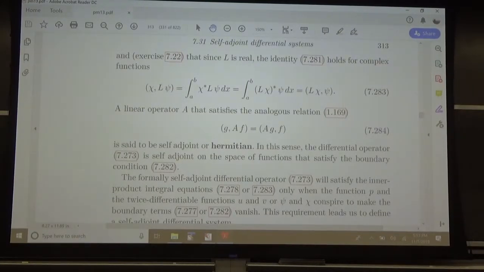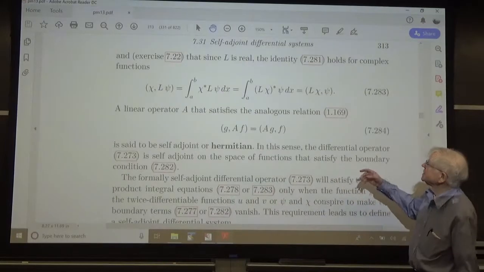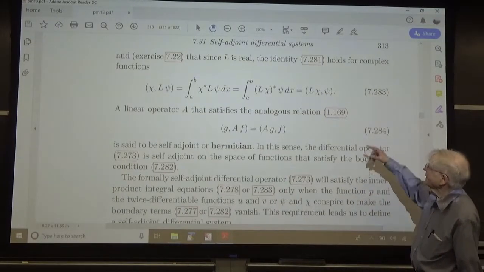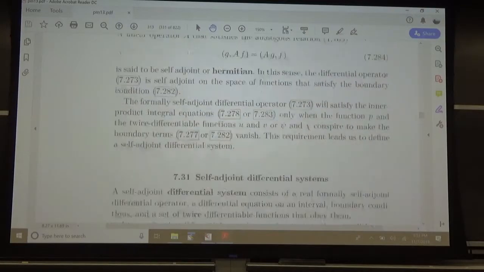And it's self-adjoint on the space of functions that satisfy the boundary conditions. And those were the boundary conditions that p times the Wronskian evaluated at b minus that at a vanishes.